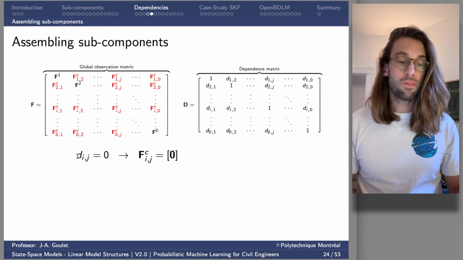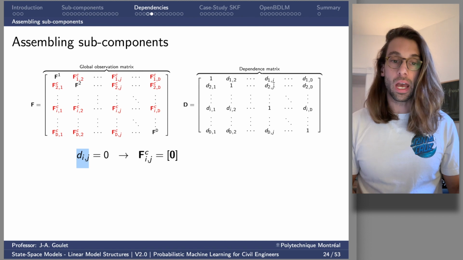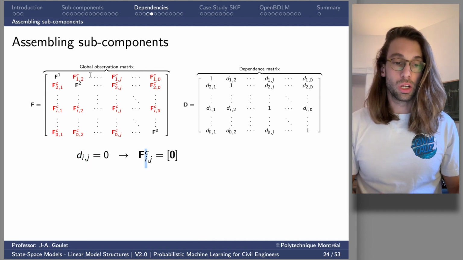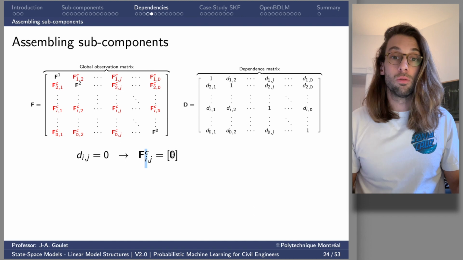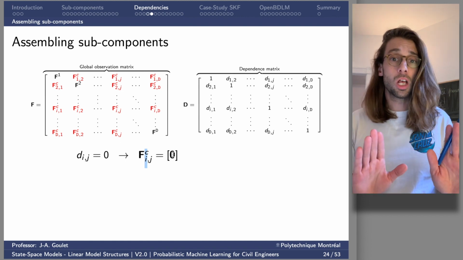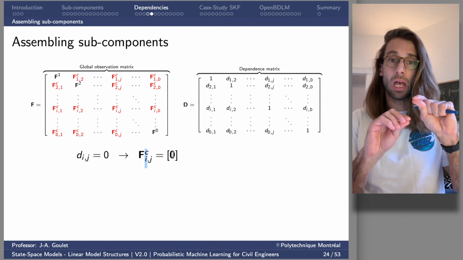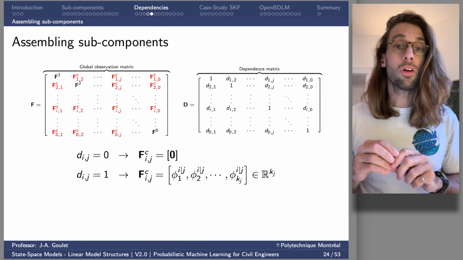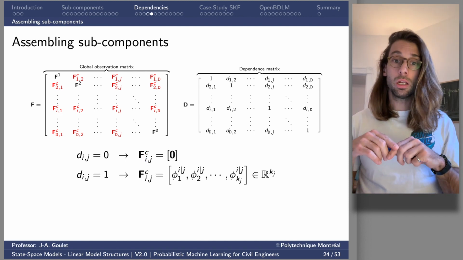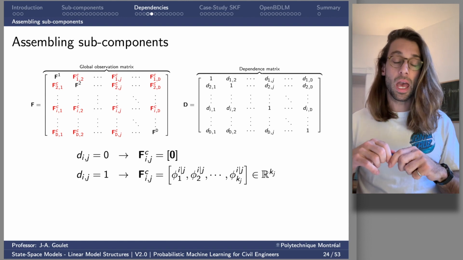Okay? So if Dij here for the off-diagonal term is 0, Fij, which you can see are the off-diagonal terms here, is a vector of 0. So it represents no dependency for the time series. So the result we're going to obtain is the same as if we would analyze the two time series separately. However, if Dij is equal to 1, it means we really want to create dependency here.